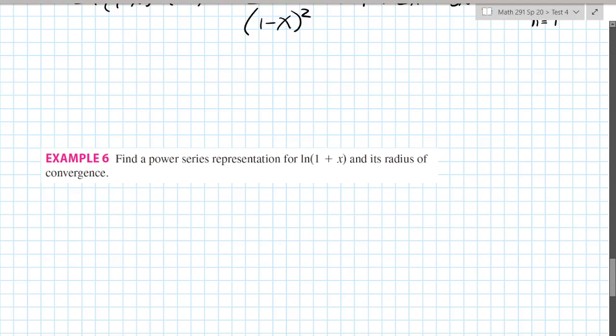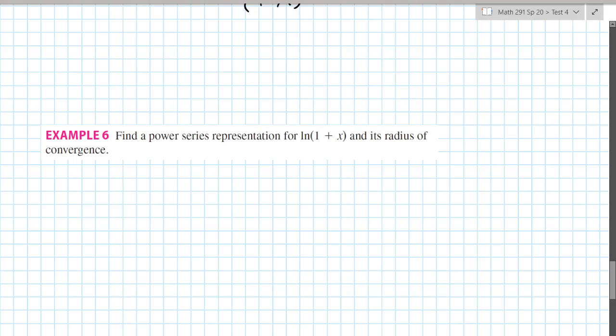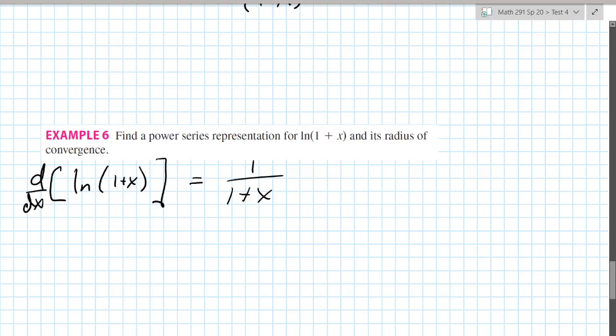So you'll notice it doesn't really look like what we want, but I do know that if I take the derivative of the ln of 1 plus x with respect to x, the derivative is 1 over 1 plus x, which I know was 1 over 1 minus negative x. That was, I think, our first example, and it was the sum of negative 1 to the n, x to the n.